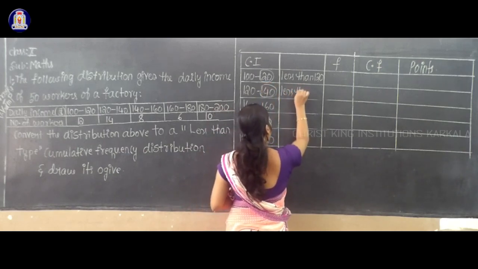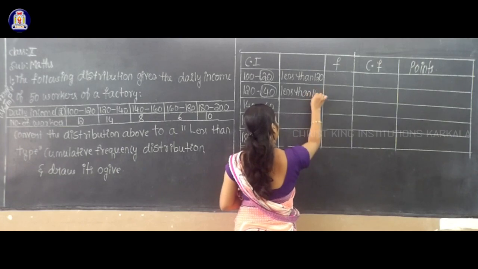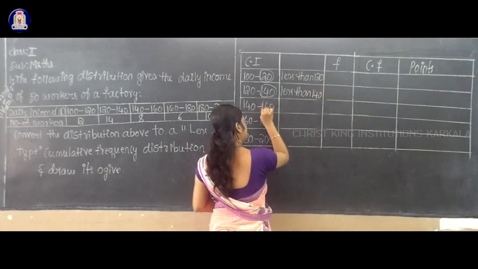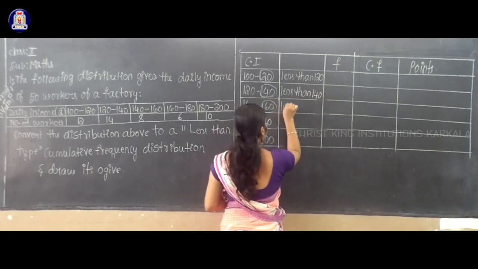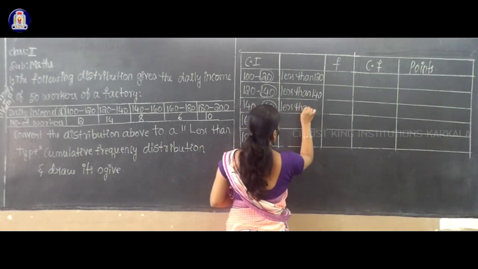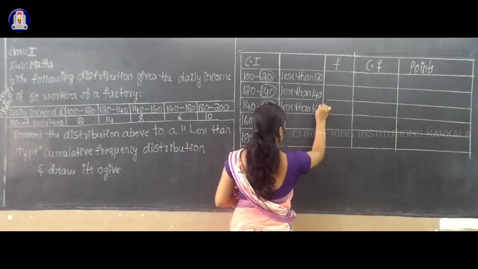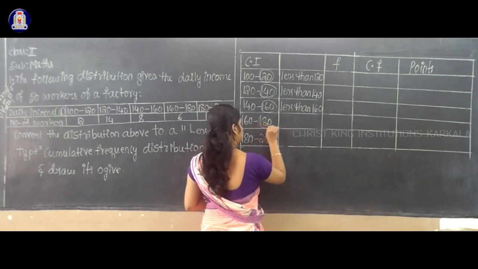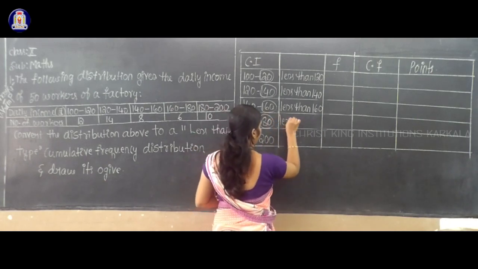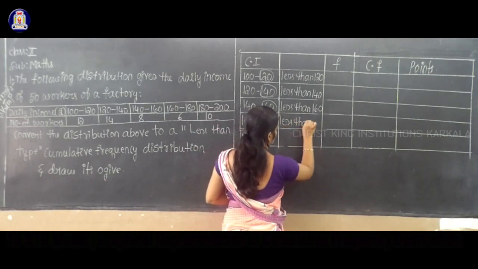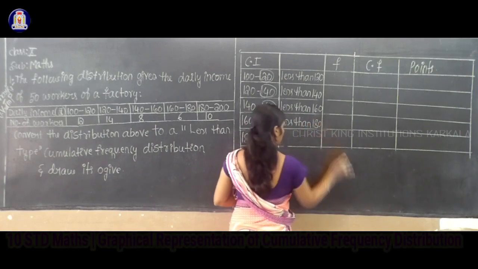Next, for the second class interval, less than 140. For the third class interval, less than 160. Next, less than 180.